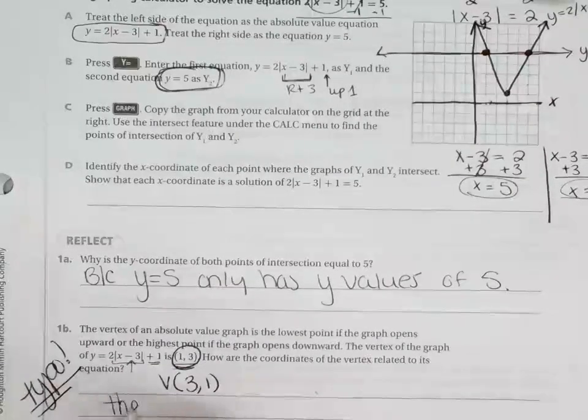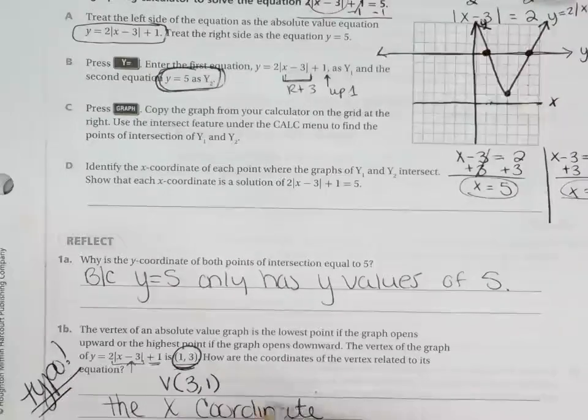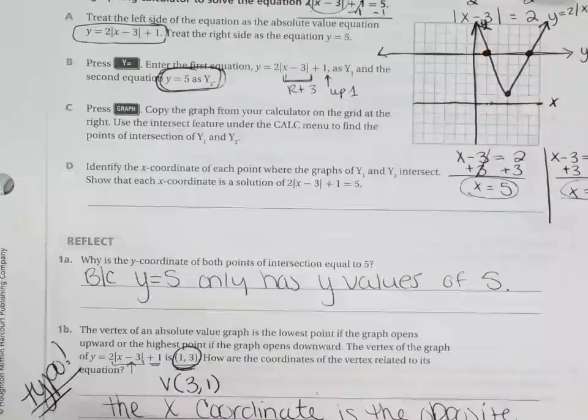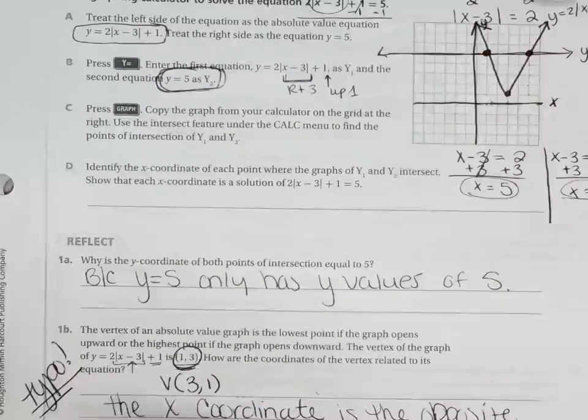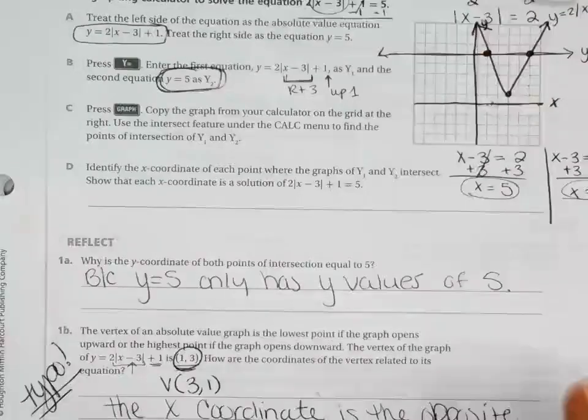The x-coordinate is the opposite of the number inside the absolute value bars.